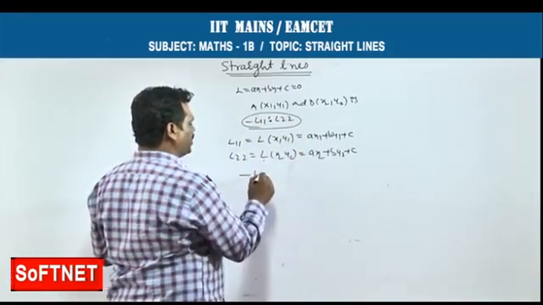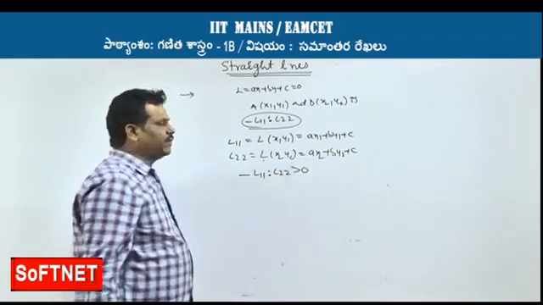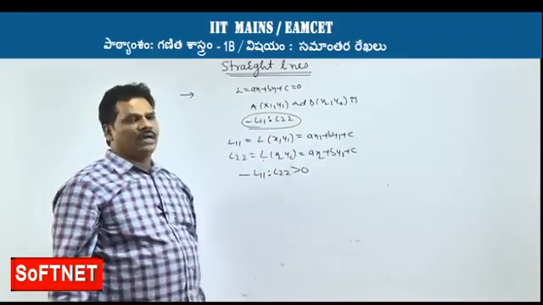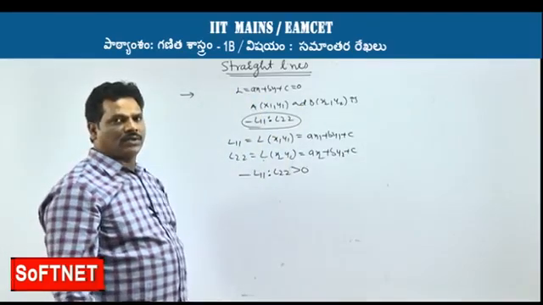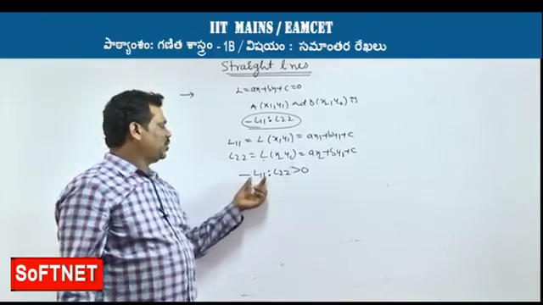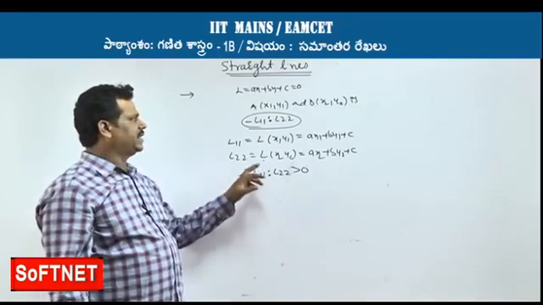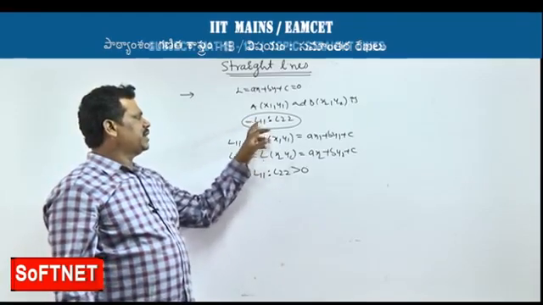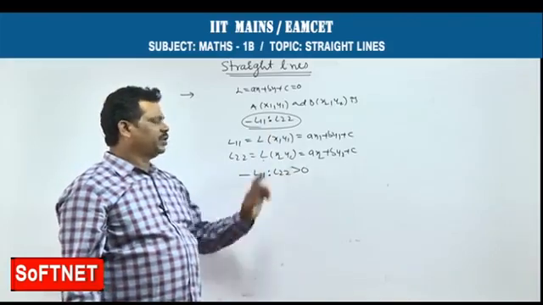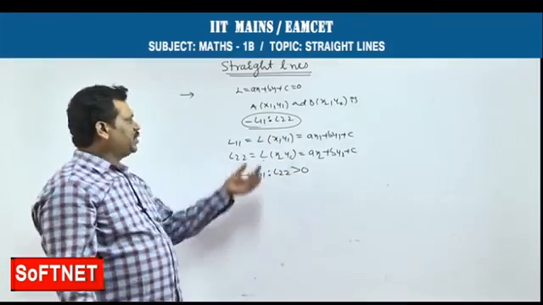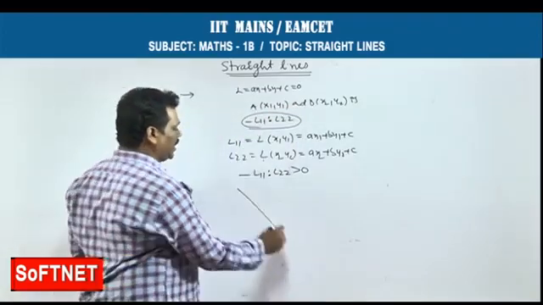If minus L11 is to L22 is greater than 0, then the given points A and B lie on opposite sides of the line L equal to 0.